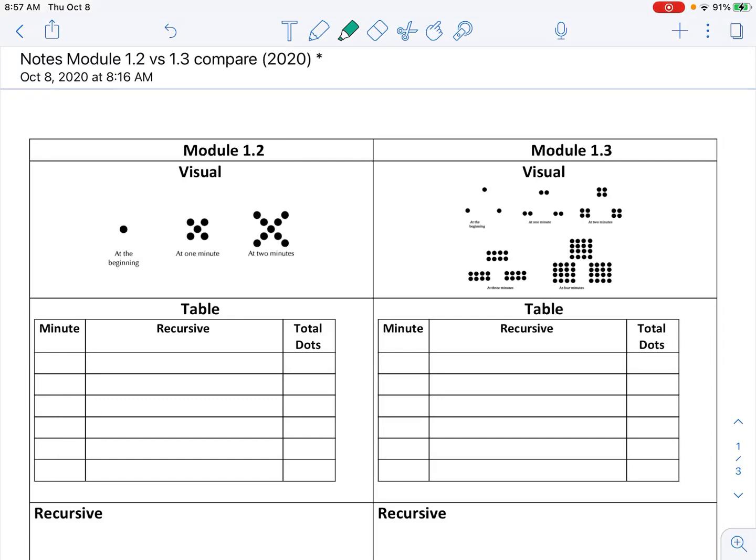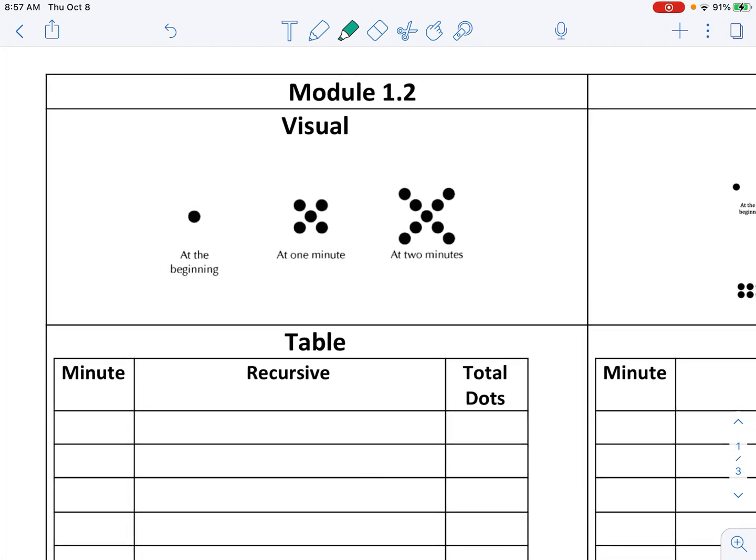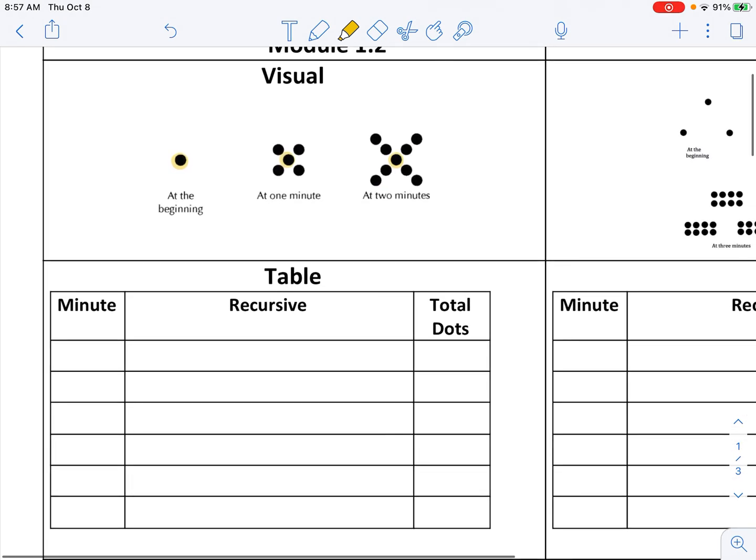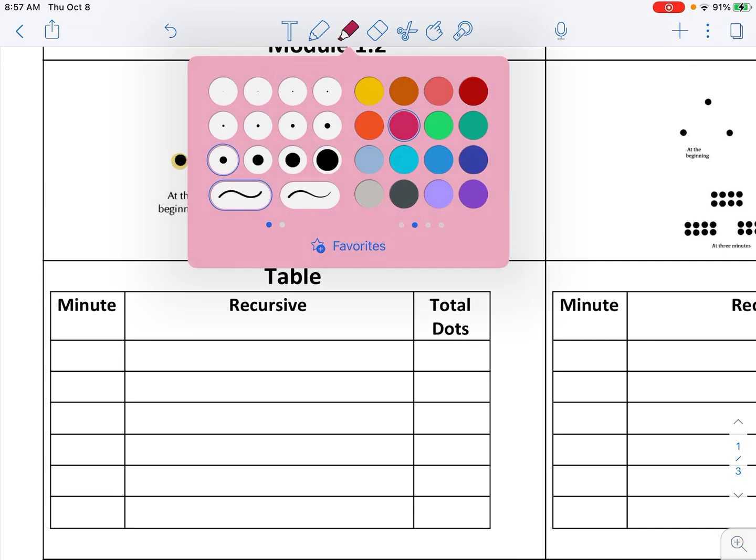All right, we are going to be comparing Module 1.2 to Module 1.3. We're going to start with Module 1.2. So if we look at the beginning, this would represent our start value. We had 1 dot at time 0.